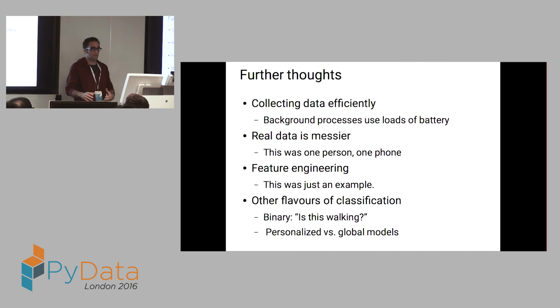So if you are going to build an app that is collecting accelerometer data, the app that I made, as soon as you press the home button, it stops collecting data. So if you don't have this app active on the front, it just doesn't collect any data.